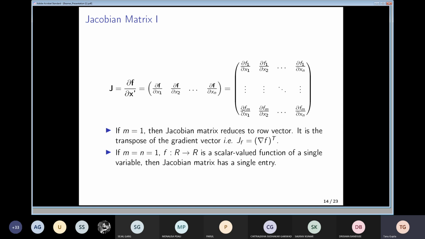Okay, and the last row is nothing but the partial derivative of the last element of vector y with respect to all the elements of vector x.